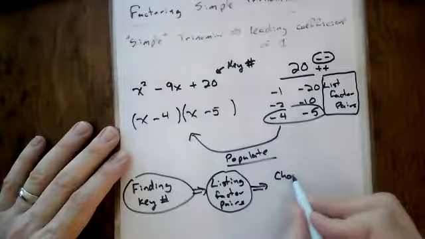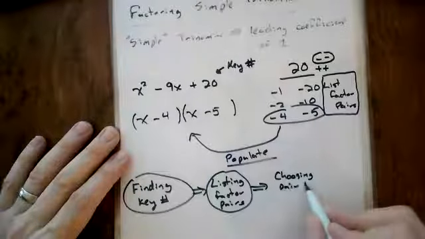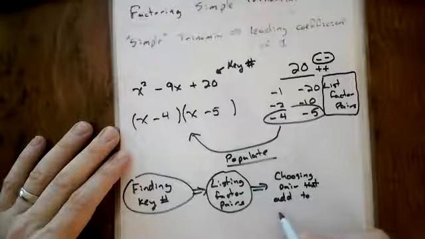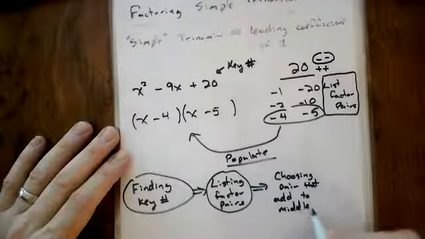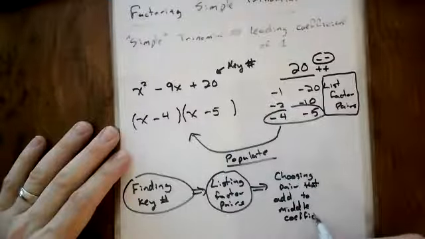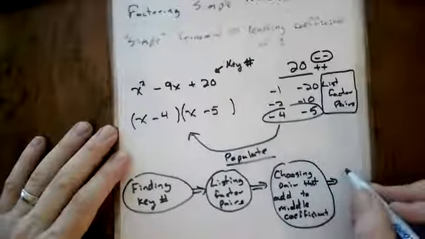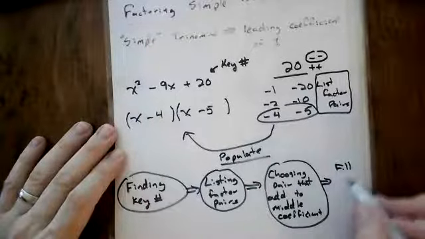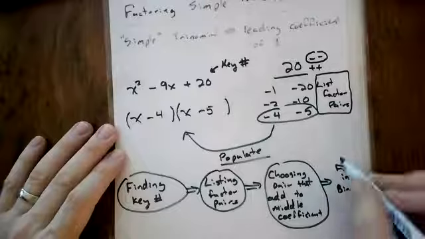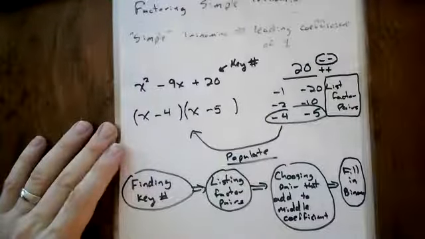We're choosing the pair that adds to the middle coefficient. And then we're populating, we're filling in the binomials.